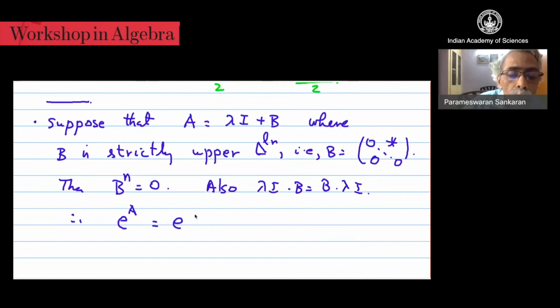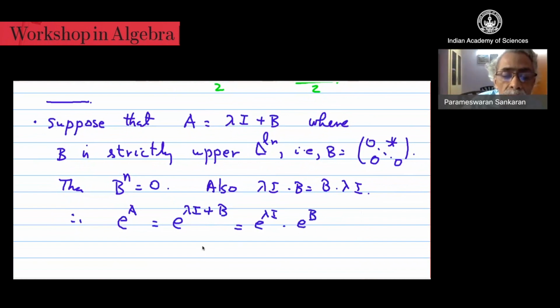This is equal to e power lambda I plus B, but these two matrices commute, therefore this becomes e power lambda I times e power B.